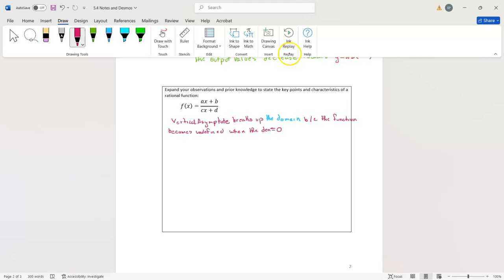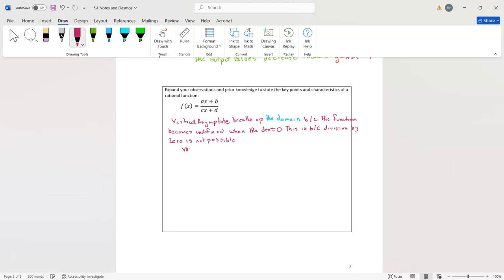And this is because division by 0 is not possible. Okay, so the first thing we want to do is find the vertical asymptote to help us with the domain.